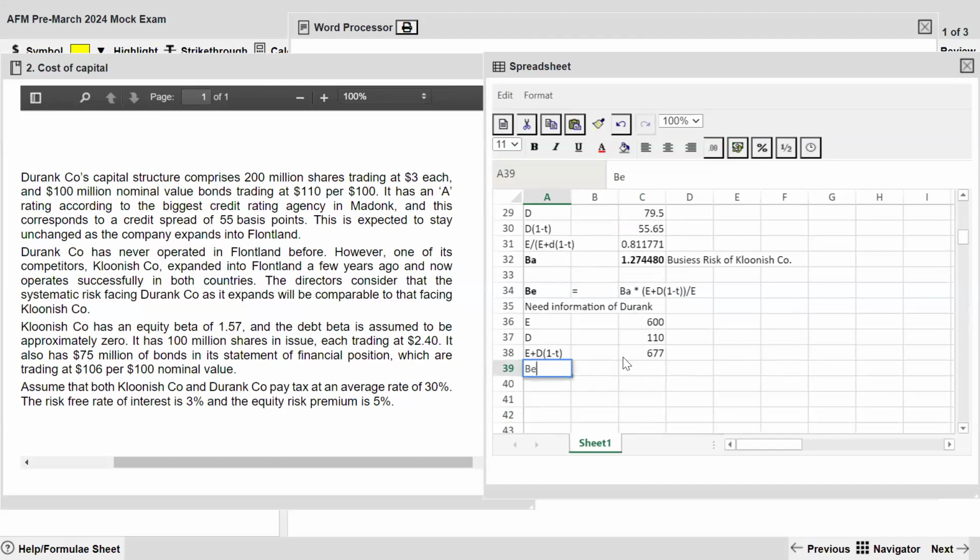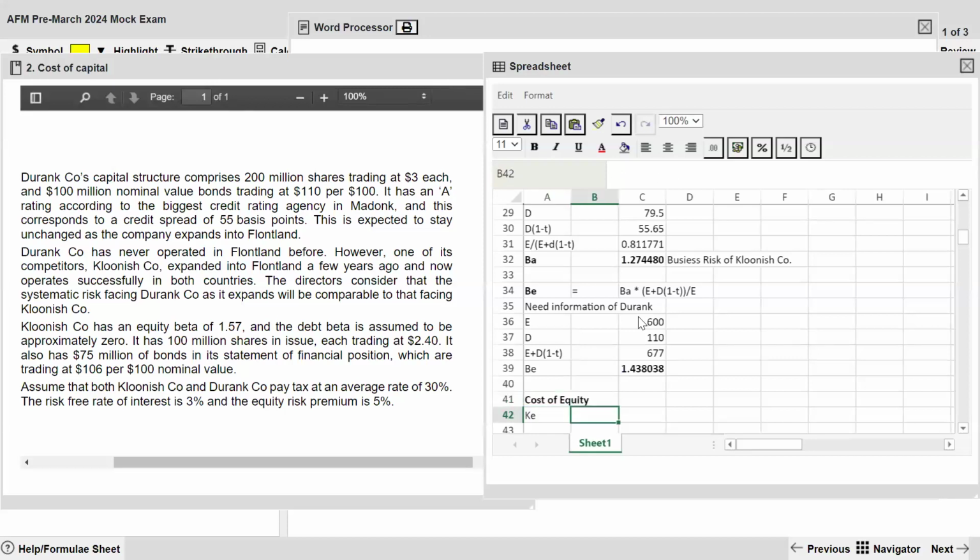So the equity beta is going to be equal to the asset beta multiplied by E plus D(1 minus T) divided by E. So 1.438 is what the asset beta is. So the cost of equity will be how much?